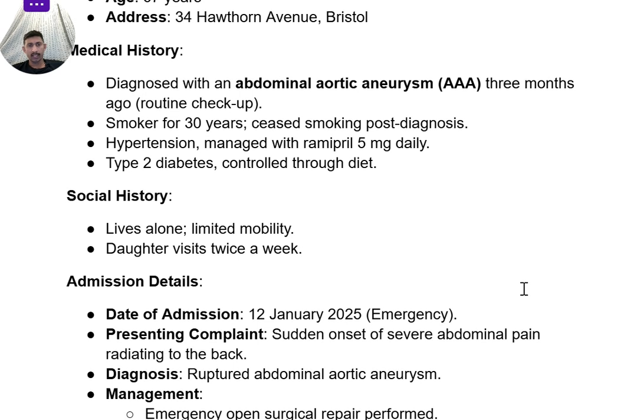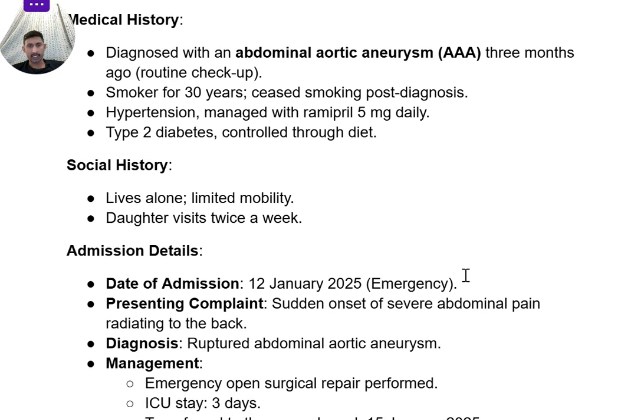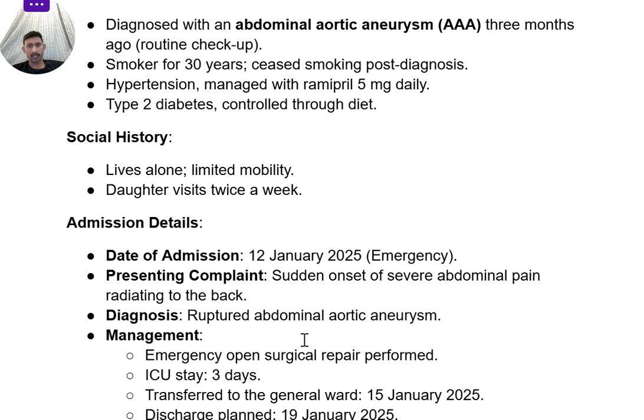Here it is clearly given in the admission details: date of admission is 12th January 2025, the presenting complaint is sudden onset of severe abdominal pain radiating to the back, and the diagnosis is ruptured abdominal aortic aneurysm.